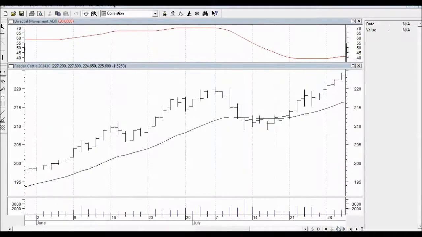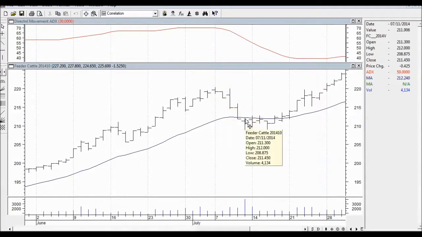Ideally, I would look for a situation where the range contracts on the day or the day after the market hits that 20-day moving average, so that you know that the retracement has probably run its course, and then a breakout above that signal day would give you a little bit more momentum, and you can potentially use an opening range breakout type of entry to make sure you've got some intraday momentum going for you as well.